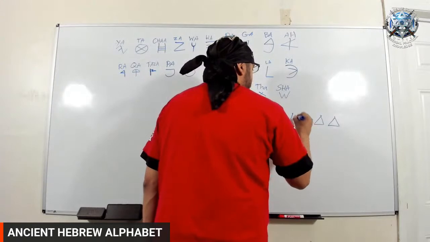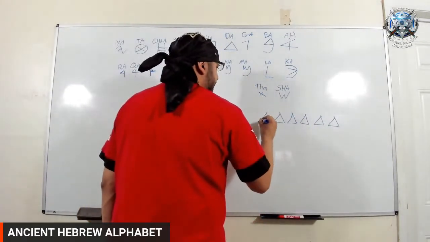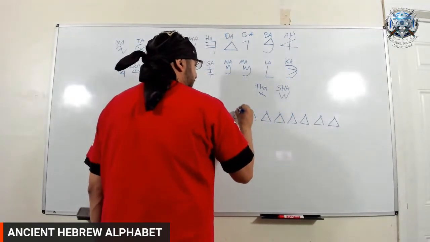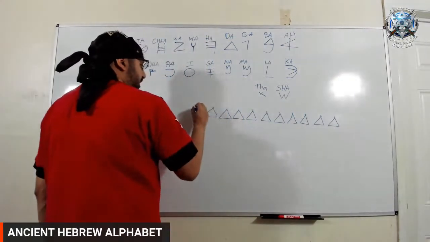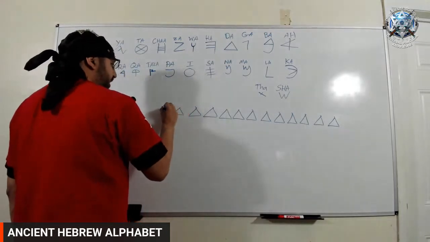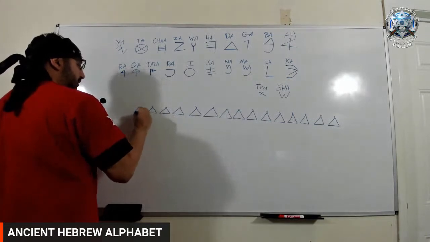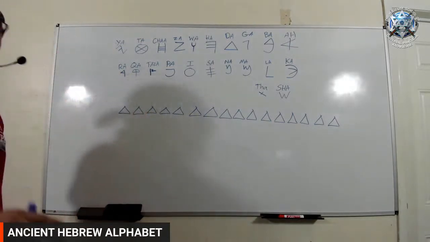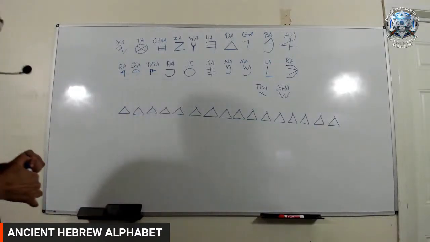It's literally just a triangle. Da, da, da. Again, just practicing that. All right. That's the letter Da.